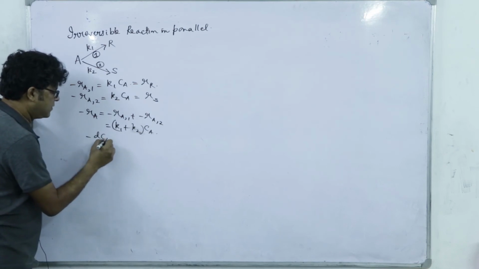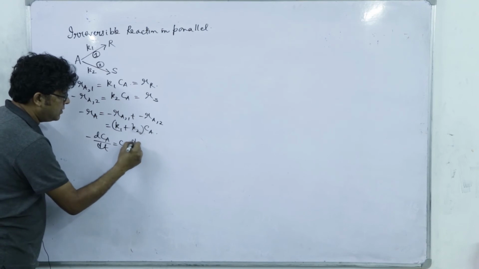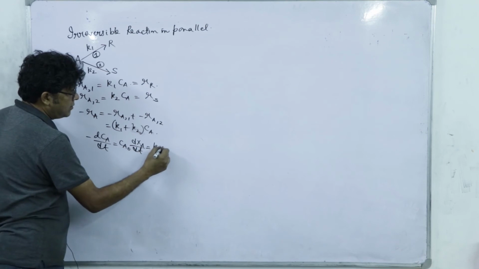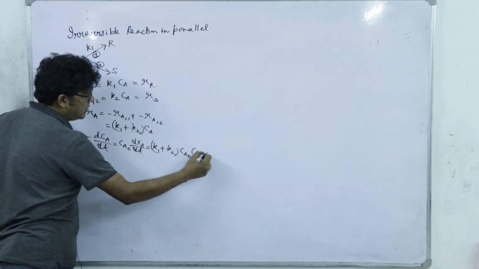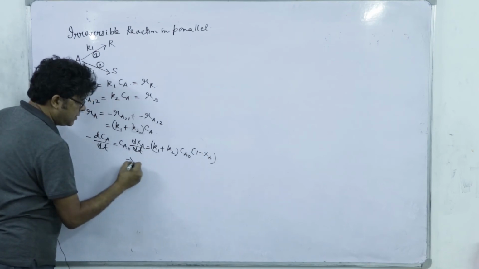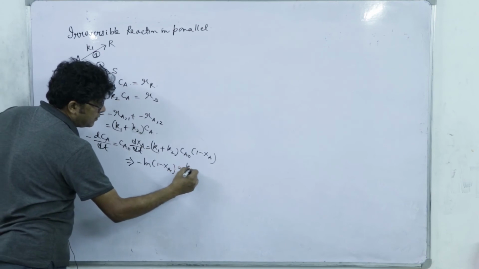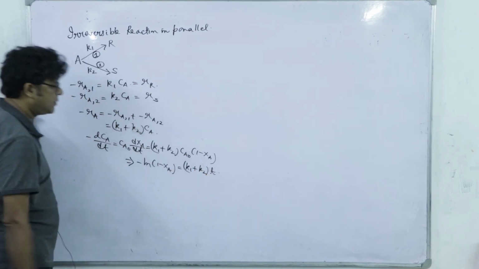So, as it is constant volume, minus dCA/dt, which is CA0 dXA/dt, is equal to (K1 plus K2) CA0 into (1 minus XA). So the integrated form is minus ln(1 minus XA) is equal to (K1 plus K2) into t, right.